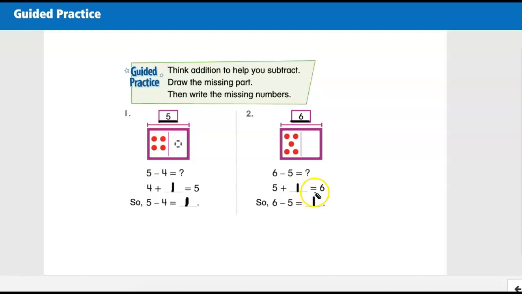Again, notice how our addition and subtraction problems are a lot alike. They both have the same numbers, they are just in different orders and doing different jobs. In 5 plus 1 equals 6, we are using addition, and in 6 minus 5, we are using subtraction, but our missing number was still 1 for both of the problems.